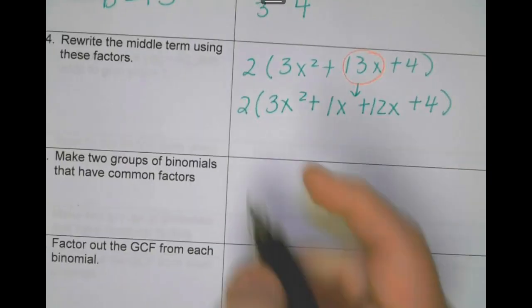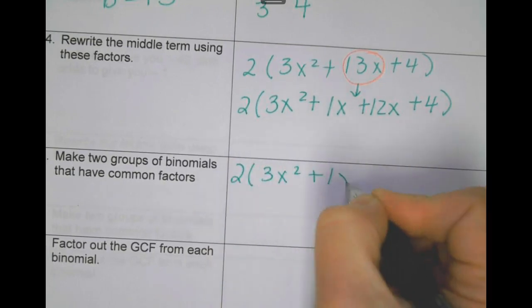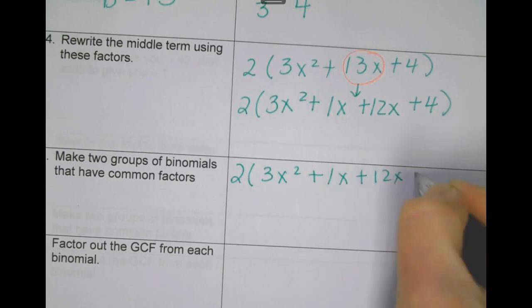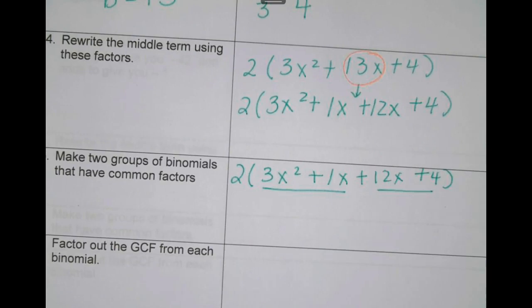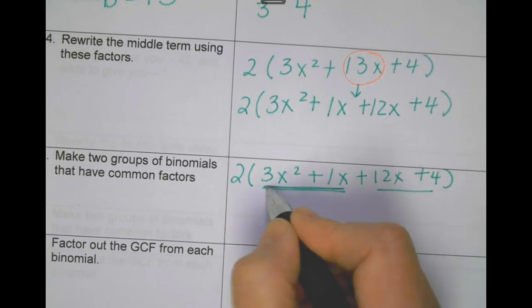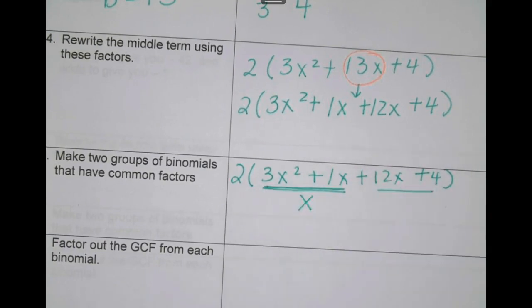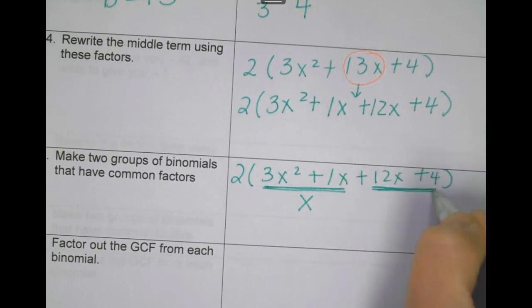So, the 3x squared plus 1x plus 12x plus 4 now has 4 terms, so I can make 2 groups of 2. What's going to factor out of this group? What's going to factor out of this group? You are right.